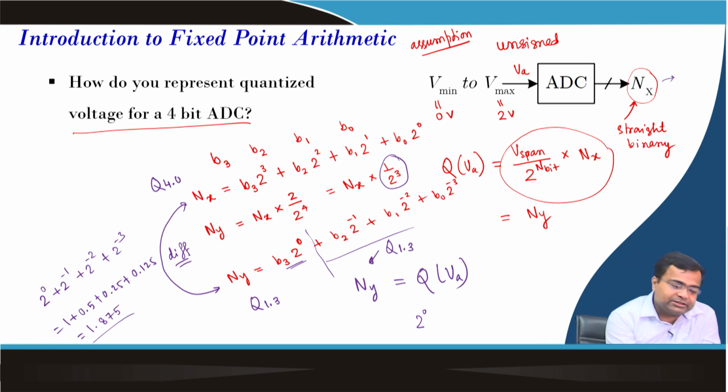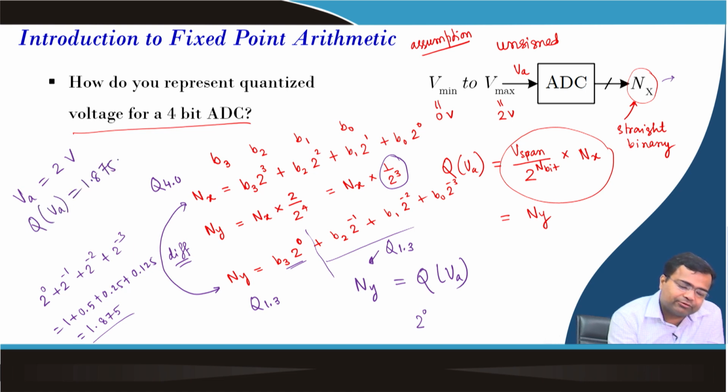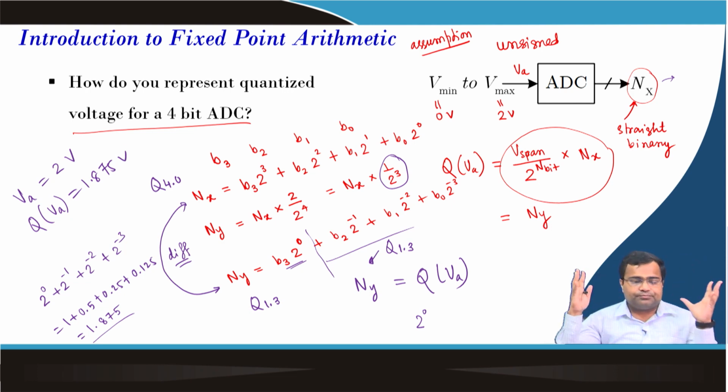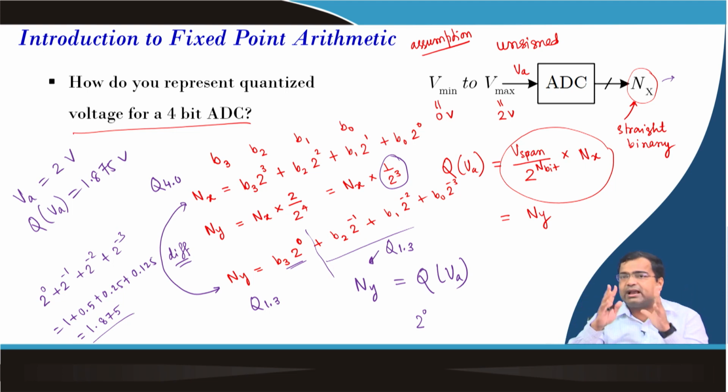Your analog voltage, let us say, is 2 volt, but you are getting a quantized voltage of 1.875 volt. That means there is an error of 125 millivolt, which is pretty large and may not be acceptable.